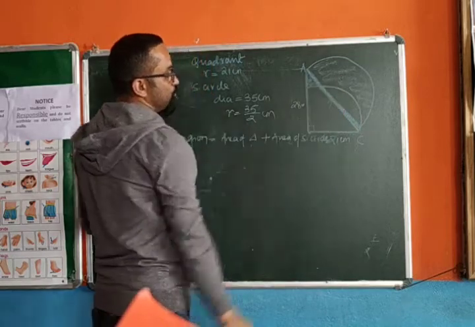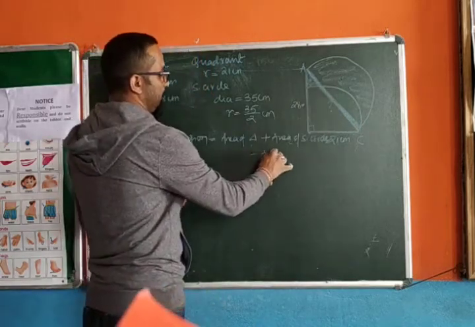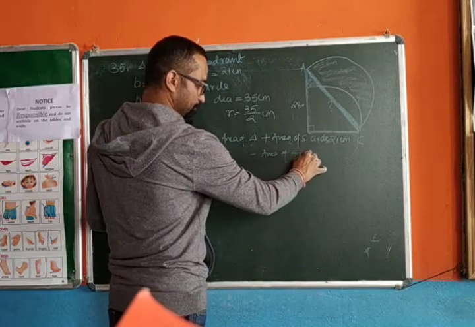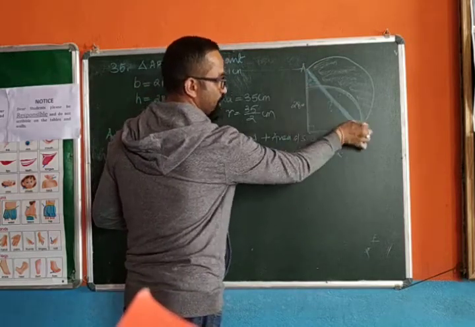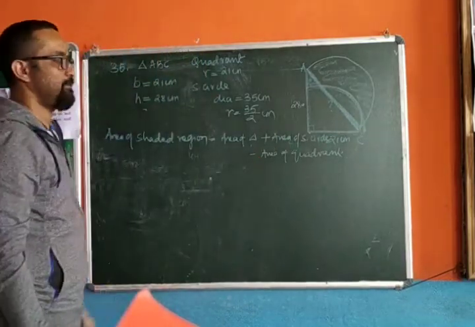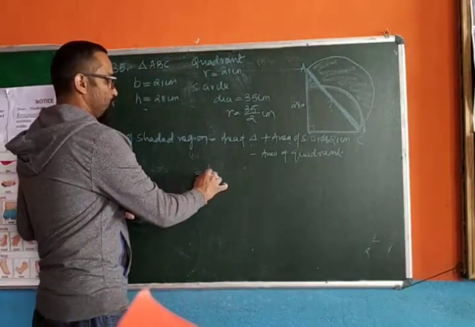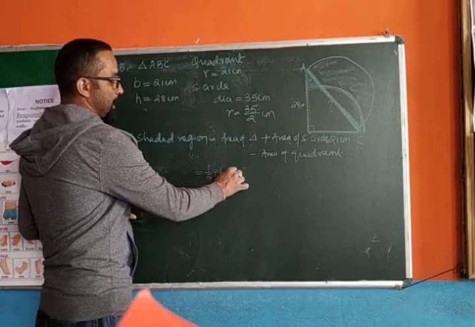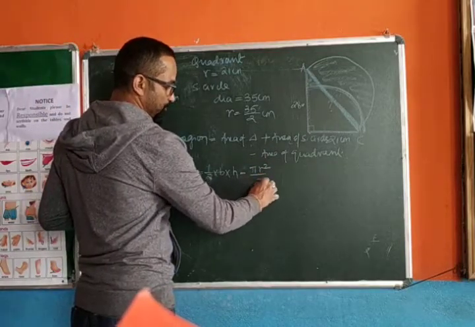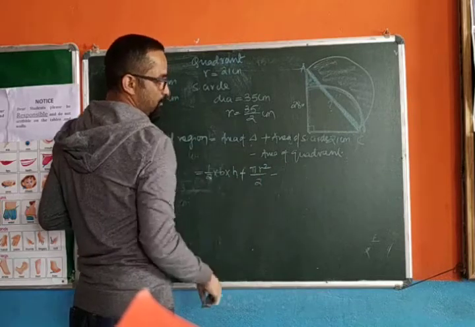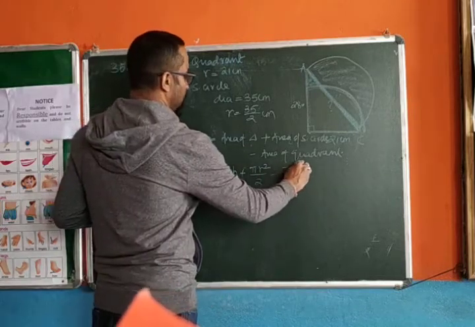The semicircle's part is also shaded, minus area of quadrant, which is unshaded. This quadrant part is not shaded, so you have to subtract. Half into base into height, because it is a right angle triangle. Pi r squared by 2, pi r squared by 4.